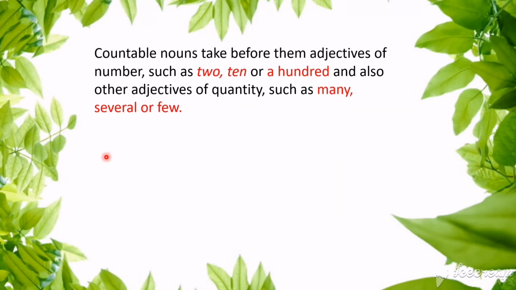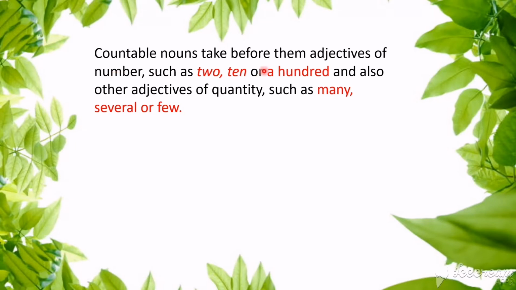Now children, what are the words that are used with countable nouns? Imagine that if you can count something, you will use either numbers or quantity. Numbers means you will use 1, 2, 3, 10, 20, 100.